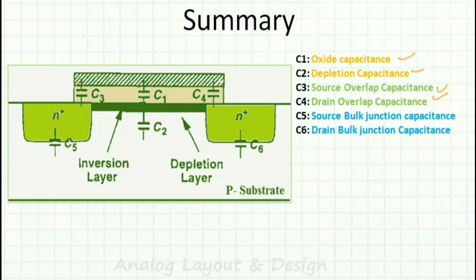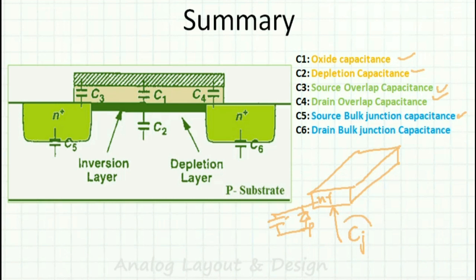And source and bulk junction capacitance. So we understood that if I see the source or drain, it will be something like this. Inside the substrate we have what is known as the bottom plate capacitance, that is nothing but C junction, because this is N plus and substrate is P. We have what is known as the PN junction, and in PN junction we'll have a depletion region, and that's how we get a capacitance in between the P and N, and that is your junction capacitance.